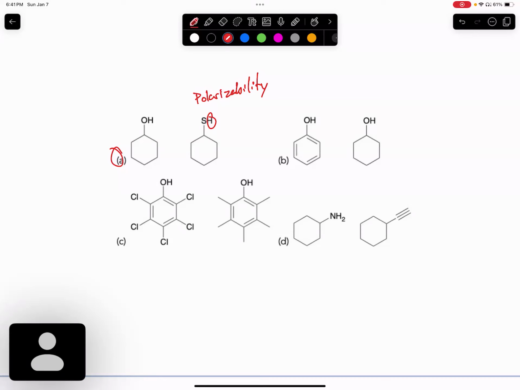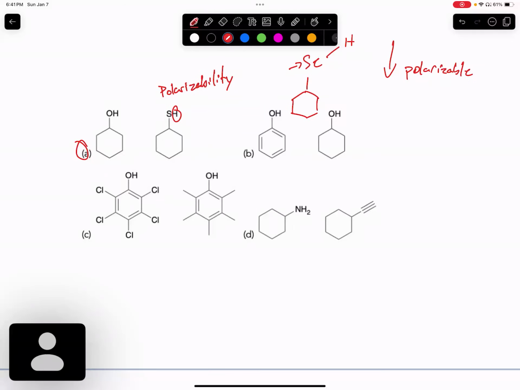If you had, let's say, instead of sulfur, Se, we compare SeH, and it's the same structure. SeH would be more acidic than SH. So the trend is yes, going down, but it's because going down makes things more polarizable.